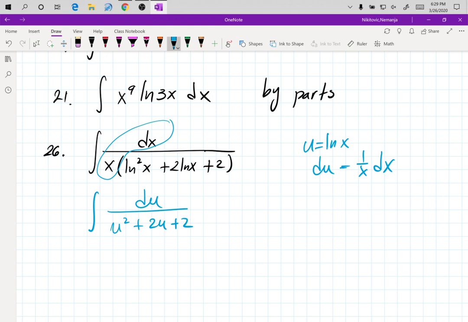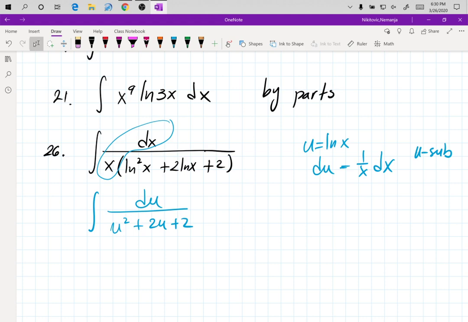So we are starting the problem by using a u sub. Now, we cannot factor the denominator. And because we cannot factor the denominator, that means we only have one factor, and that would not be enough for partial fraction decomposition.